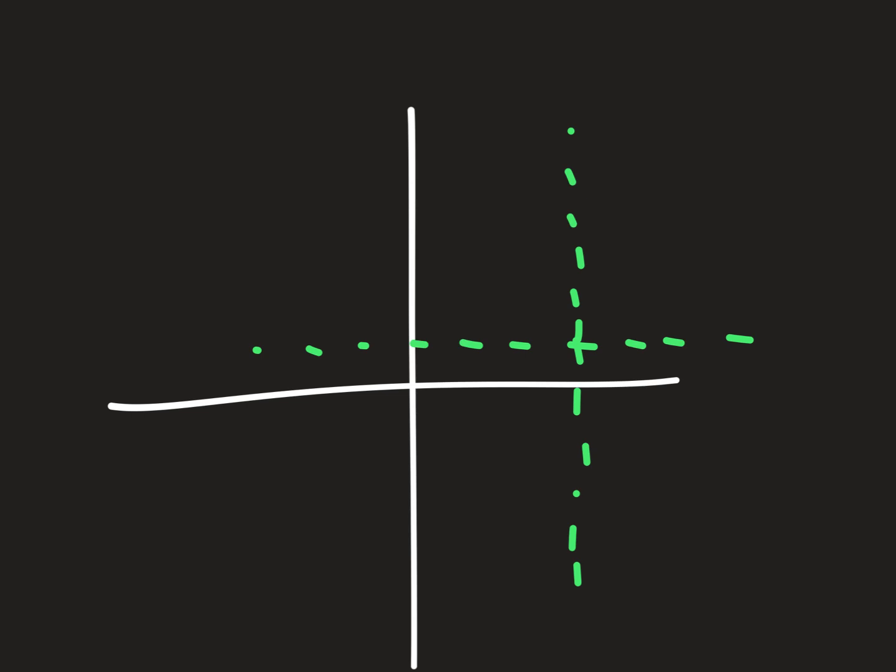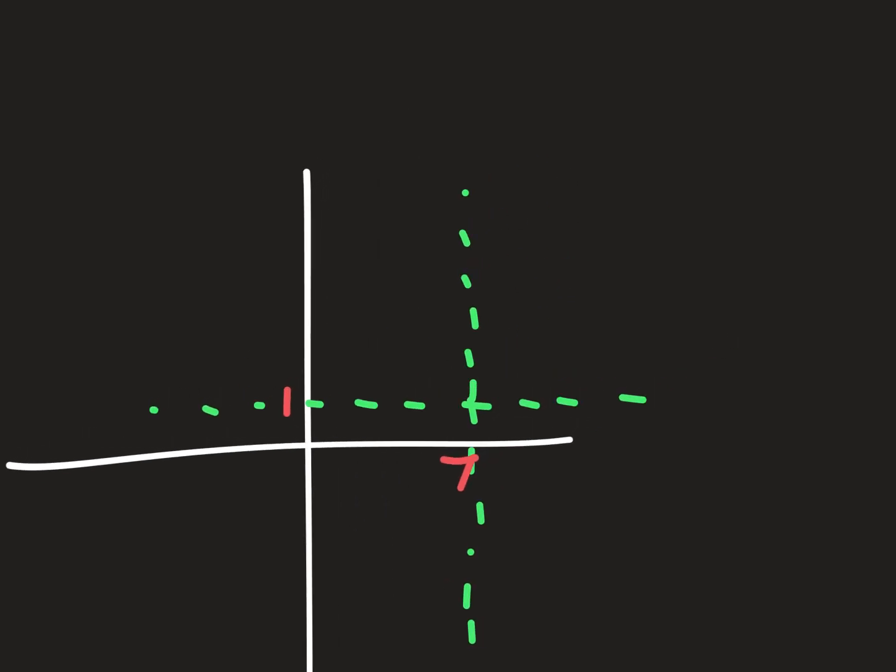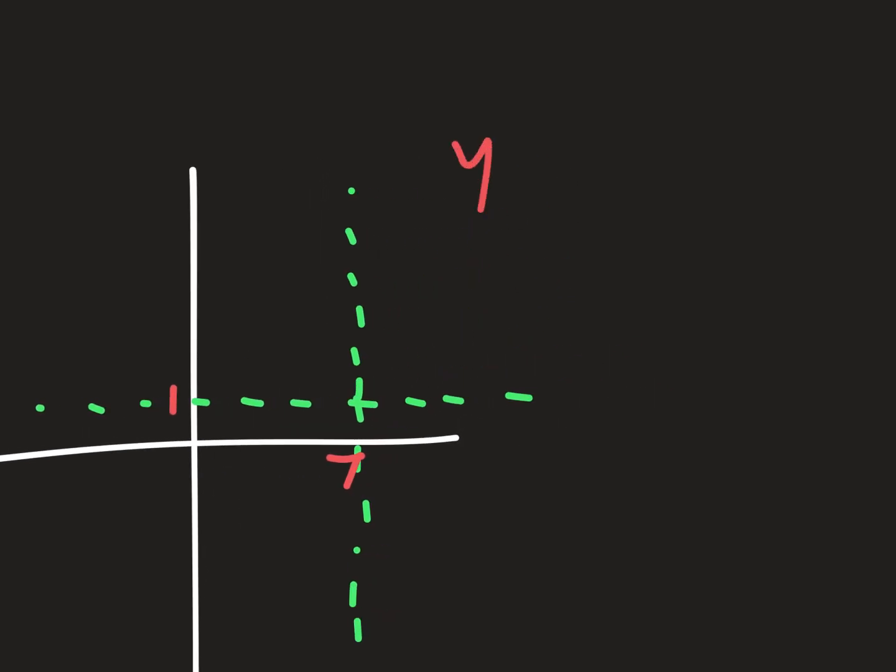Now I'm going to show you, just to make sure you could actually do this, if this is at 7 and this is at 1, then this graph would have been y equals 1 over x, except it moved 7 to the right and up 1. Do you get that so far? Does that make sense to you?